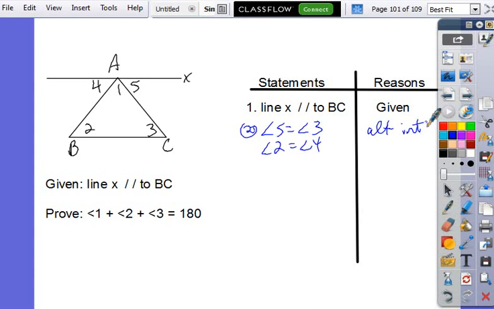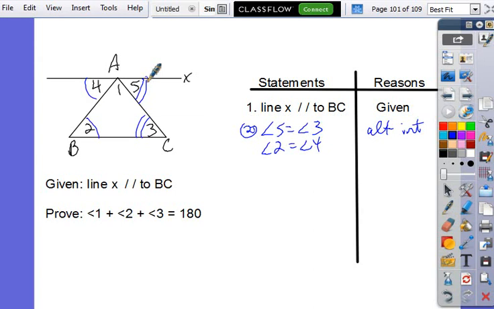So I've marked these being the same, and I've marked those being the same. I'm trying to get to where I can say that 1 + 2 + 3 is 180. Can y'all tell me something up here that is 180? 4, 1, and 5.